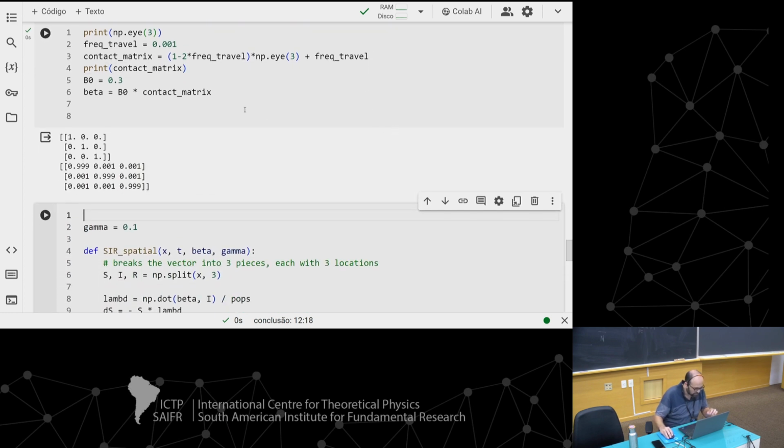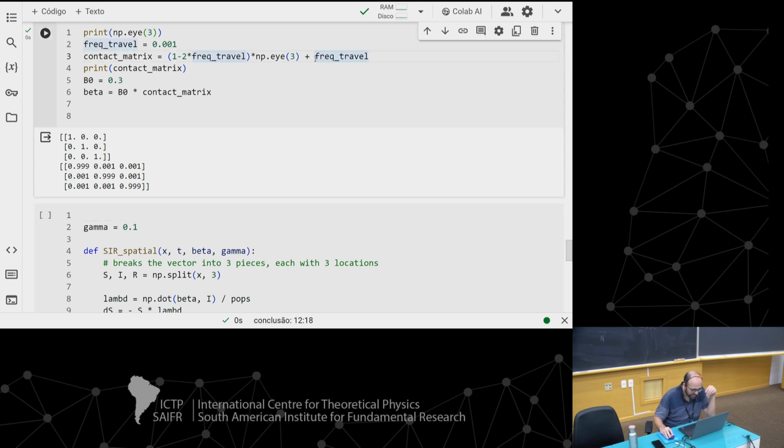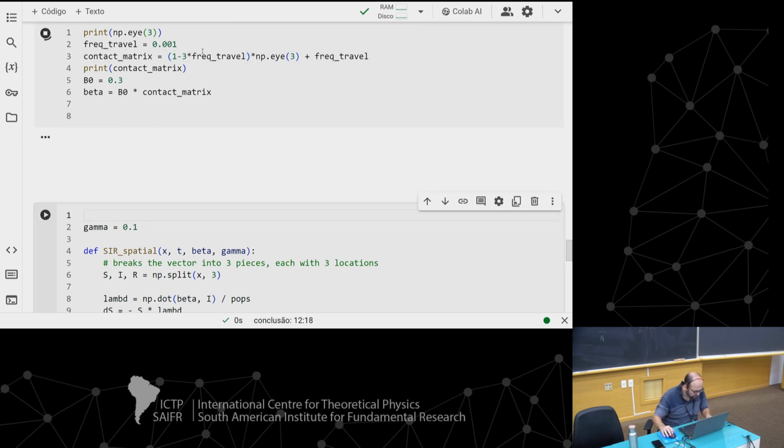You see, this is wrong, because I summed this including the diagonal. I told you, don't trust people that write these notebooks. It should sum to 1 in each column and line. So I should actually subtract 3 here. Okay, now it's better.